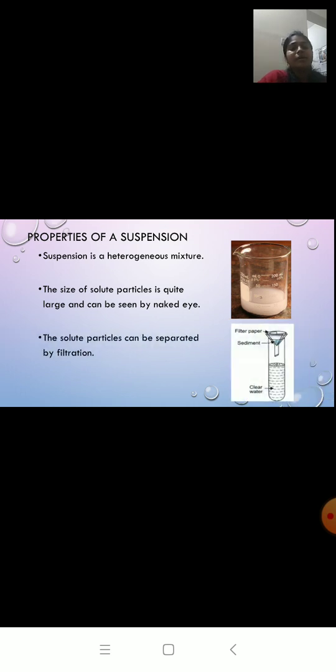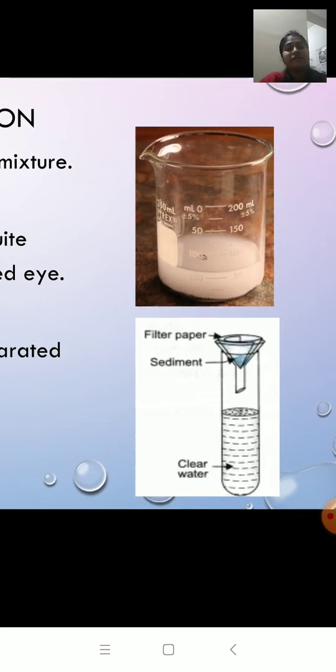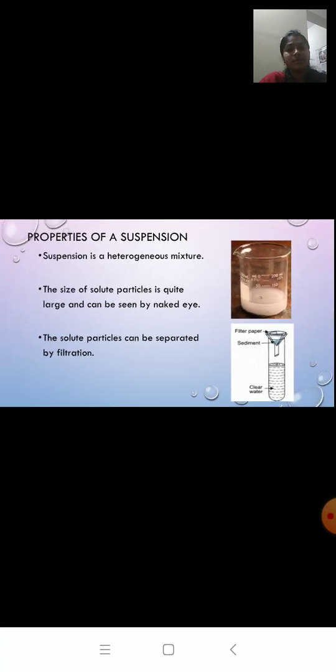The solute particles can be separated by filtration. So if I filter chalk water, what will happen? You will get a clear solution at the bottom, and the chalk particles will be left as residue on the filter paper. So I can separate the solute from the solvent.